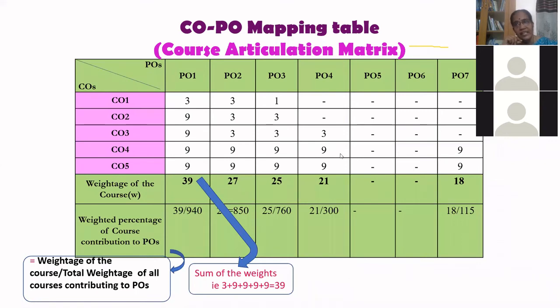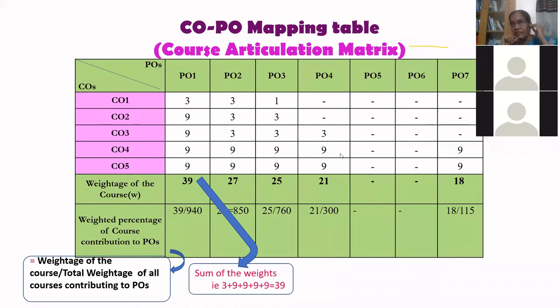When you design this, you will be encountering so many problems. What is the fixation you require? Likewise, all the problems I cannot address here. When the program is designed, you will be encountering this, but you have to concentrate on the total program. In the total program, how much weightage? For example, I'm saying 940.